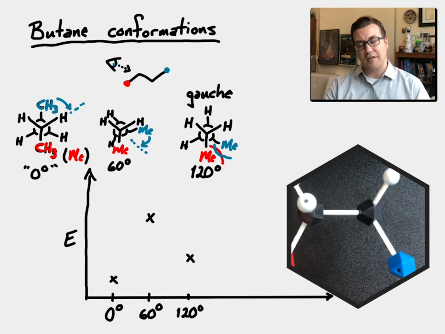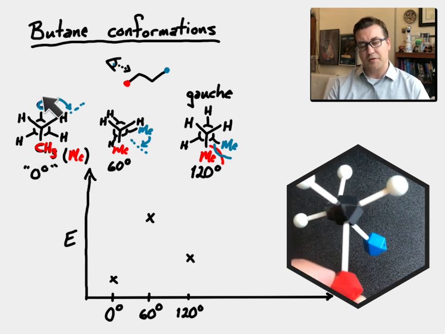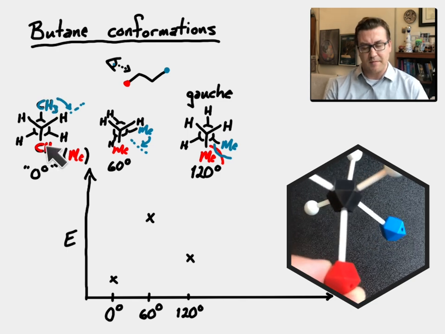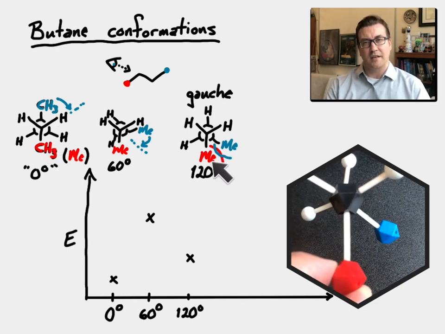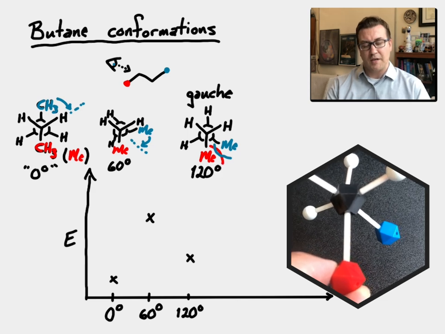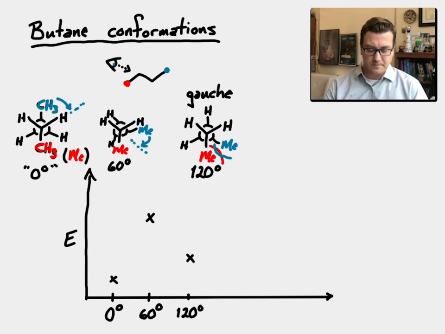But this staggered conformation is not quite the same as the original. In the original, these two large groups are as far away from each other as can be. In this new orientation, these two large groups are relatively close to each other, and we call this particular orientation a gauche interaction. That is not quite as energetically favorable as having them as far away as possible, but it's much more favorable than having them be eclipsed.